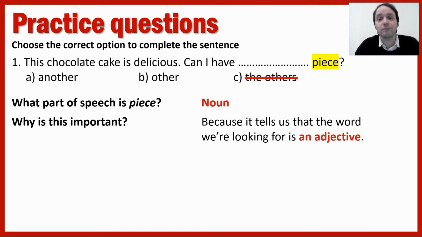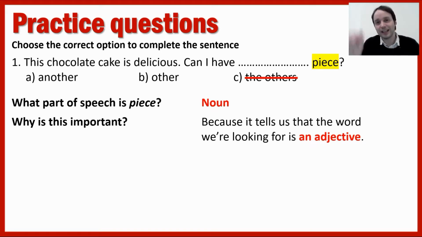How do we know it's a noun? We know it's a noun because it comes after the. There's nothing in the middle. There's the and then others. If it's an adjective, that doesn't work. I can't say the red or the noisy. Yeah?